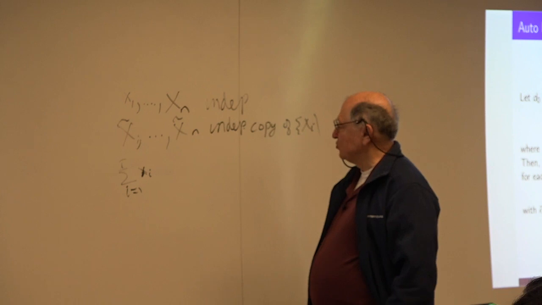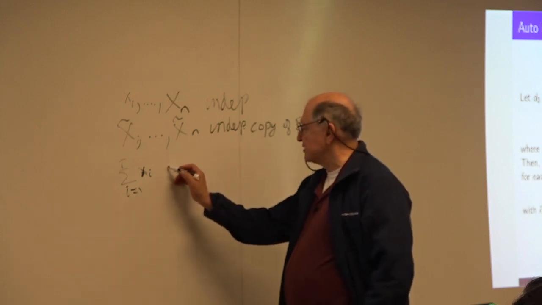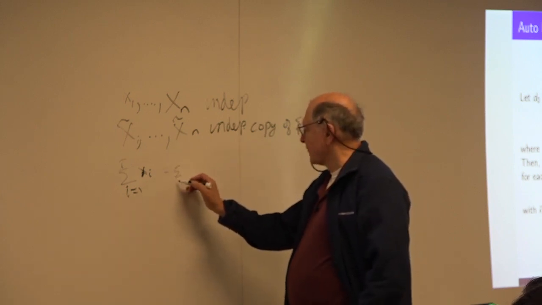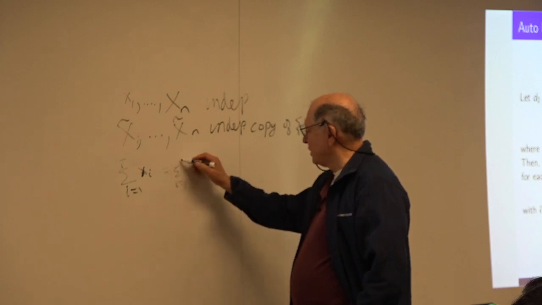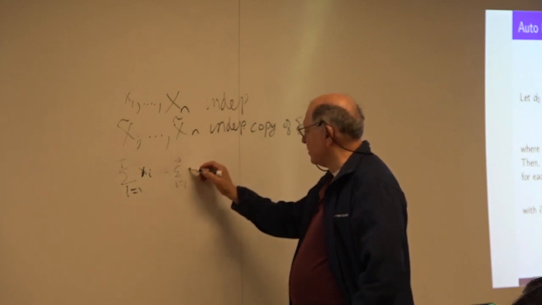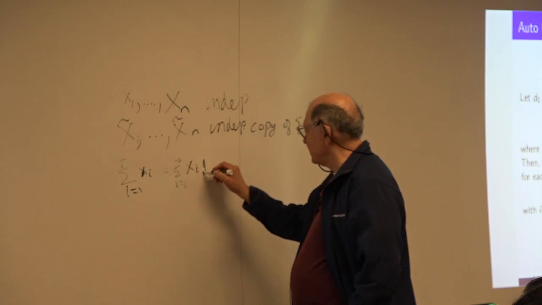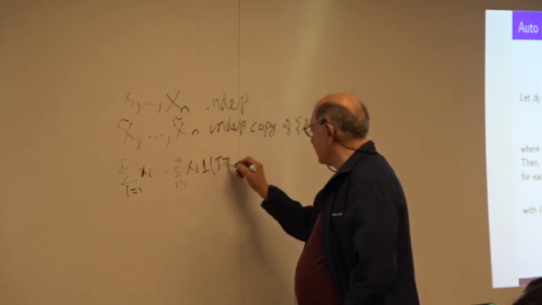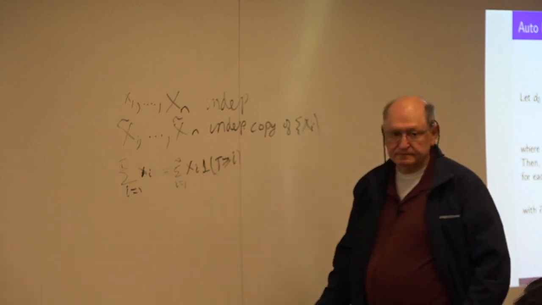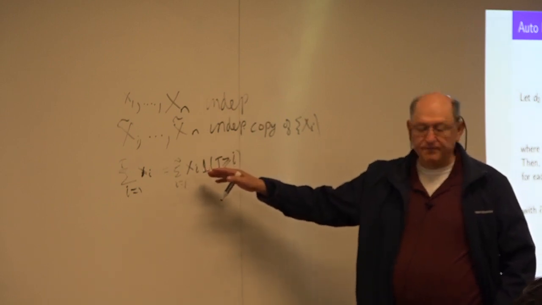The way you do it, let's rewrite this as the sum i going from 1 up to infinity of x sub i times the indicator that t is bigger than or equal to i. That's the same.